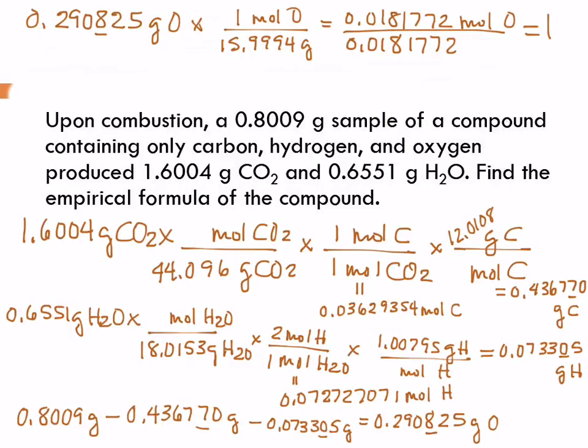Those other guys are kind of hiding down there, so I'm going to bring them up here. 0.03629,354 divided by 0.0181772. So many numbers. I think I did that right.